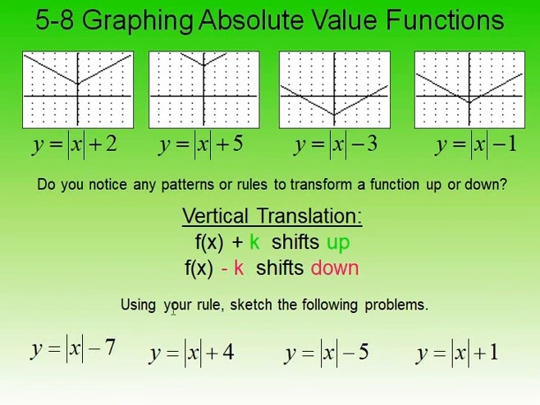Here, for example, you can notice that it's moving vertically, since the absolute value is only around the x, and it's plus 4, so it's going up 4 points from 0. Okay, and you can continue and solve.